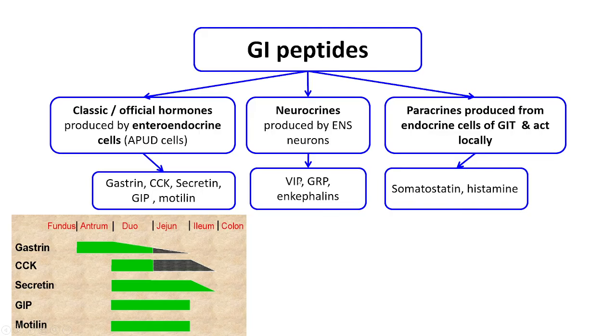and GRP. GRP is gastrin releasing peptide, which is released as a neurotransmitter by the vagus, and it causes stimulation of G cells to secrete gastrin. So it is called gastrin releasing peptide. You already know that the neurotransmitter released by most vagus nerve endings is what?